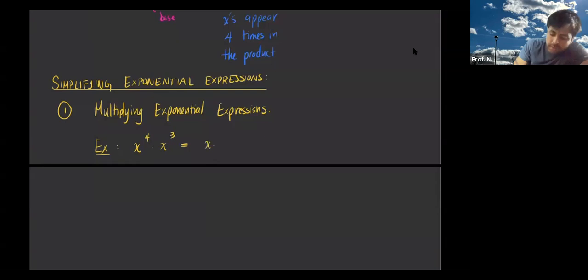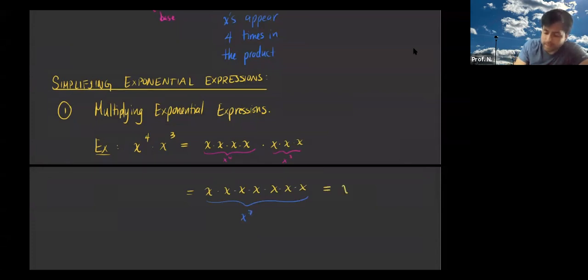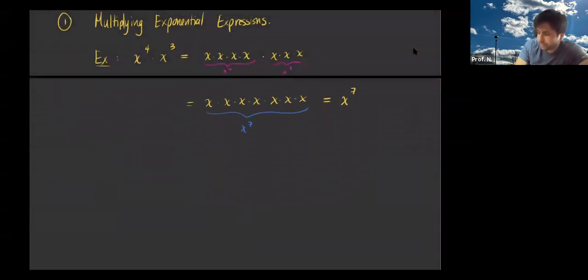Isn't x to the fourth x times x times x times x? And then aren't you multiplying that with x times x times x, which is x cubed? So aren't you really just saying that there are 7 x's? So this whole thing is really x to the 7th. So x to the 4th times x cubed is x to the 7th, which really means I'm adding the exponents. X to the 7th is really 4 plus 3.